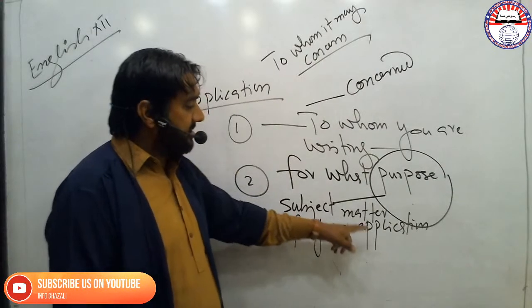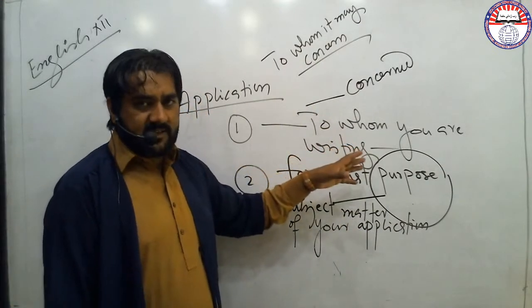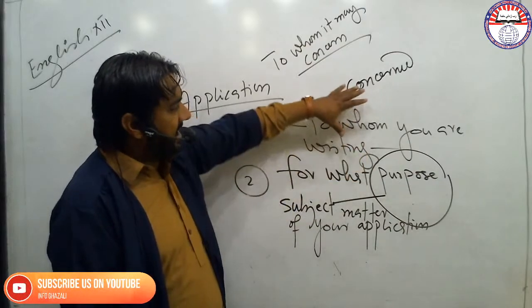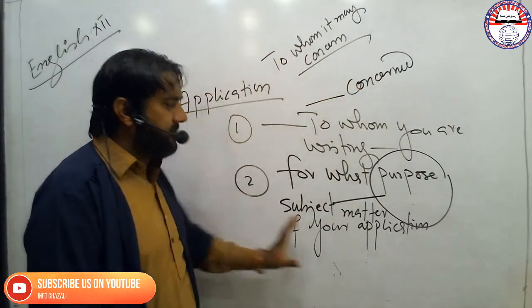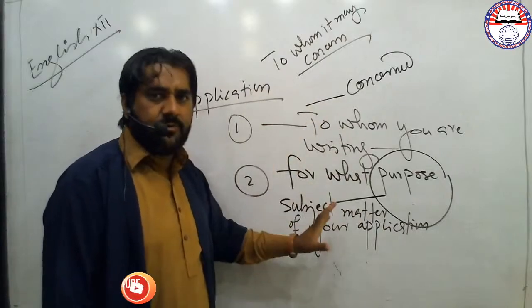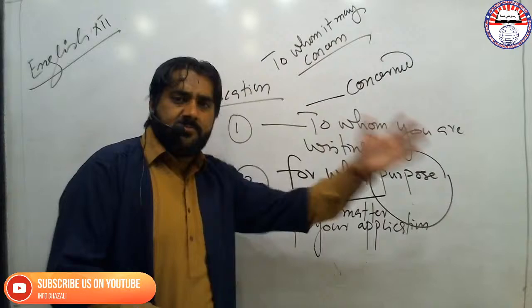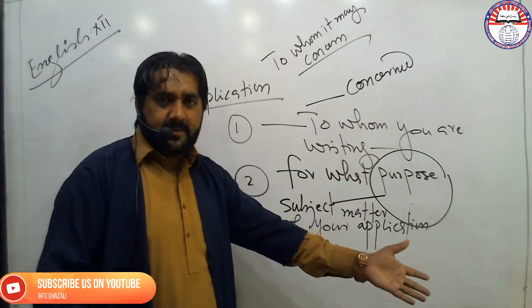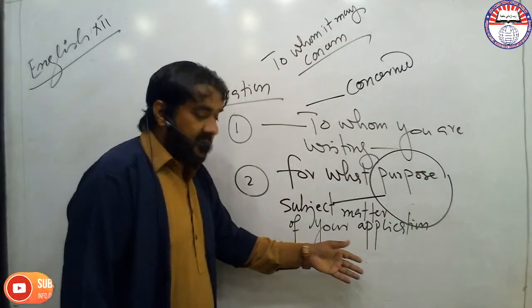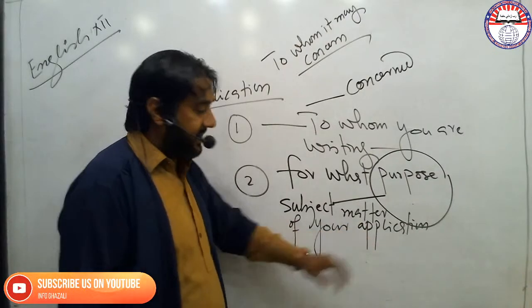Understand? Because the way I am telling you these things, the way I have designed a lecture for you, it is going to change the way you write applications before. Understand? I hope so. I think I am clear with my idea.